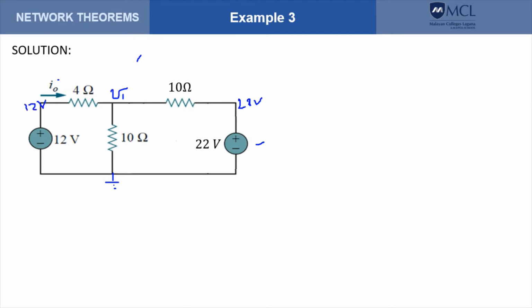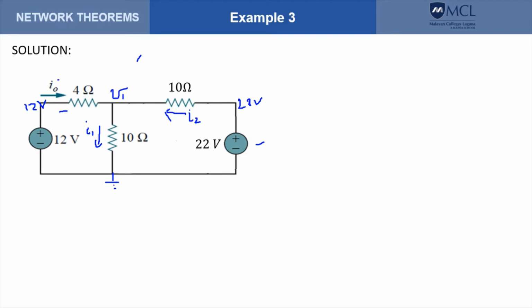Okay. We also need to specify branch currents. So let's say we have your branch current, let's call this I sub 1. And let's say we have a branch current here. So the direction here is arbitrary. Here we don't need to specify a current because we can use the current I sub naught.